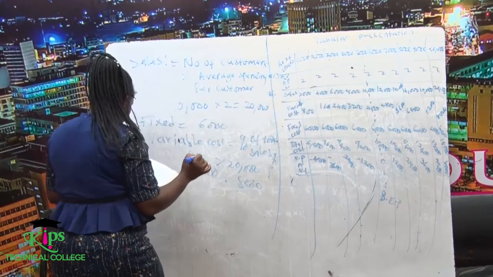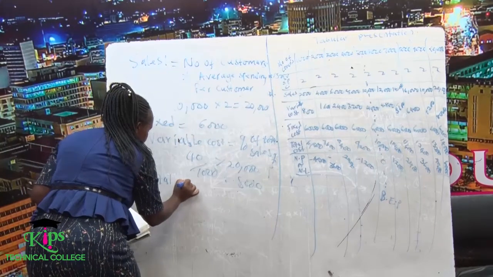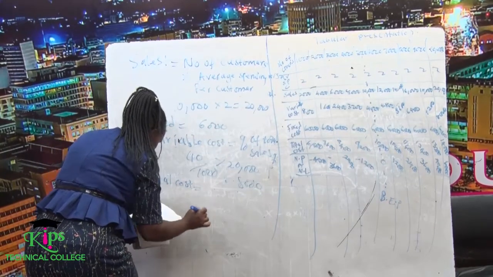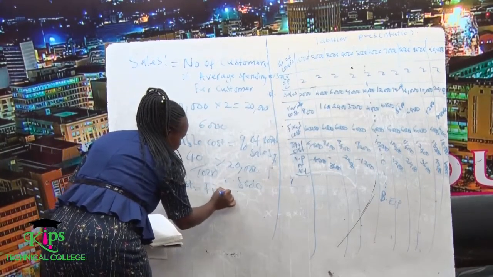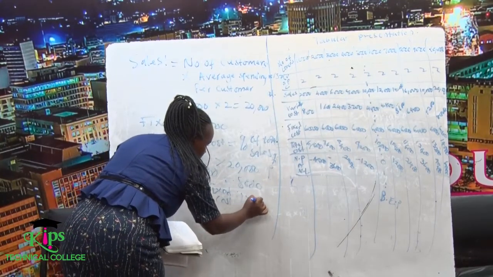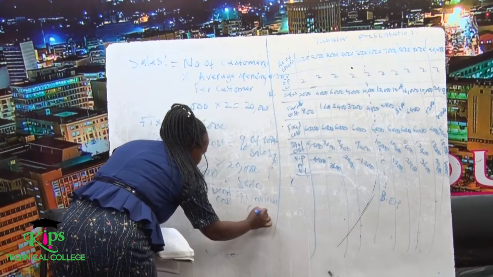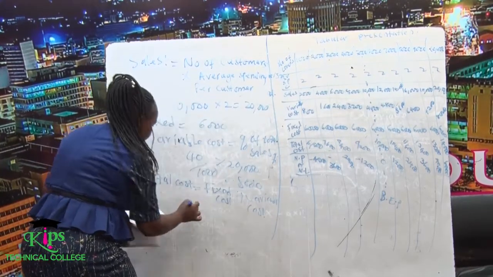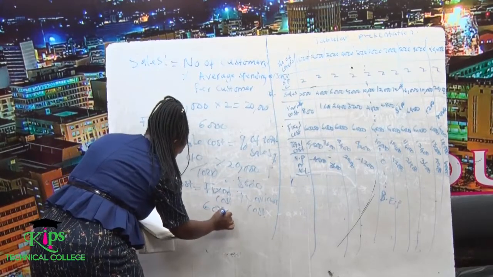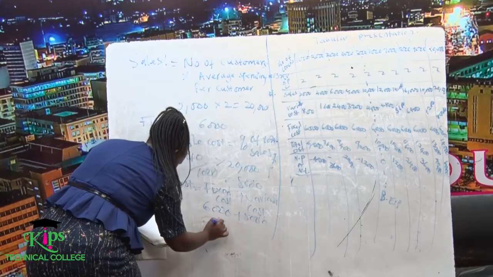Now we look at the total cost. Total cost will be equal to fixed cost plus variable cost. Our fixed cost is 6,000 plus 8,000. We get 14,000.